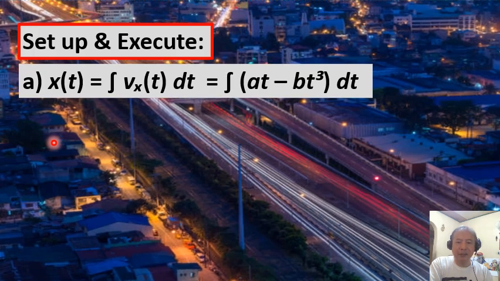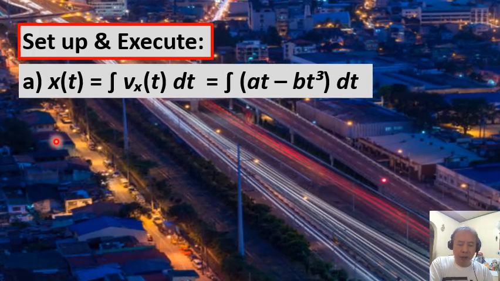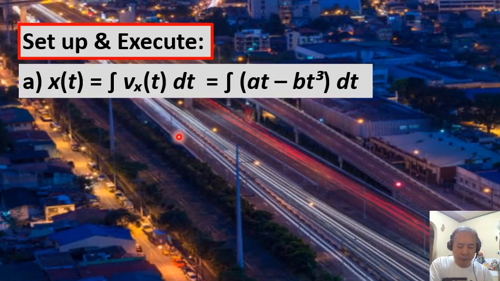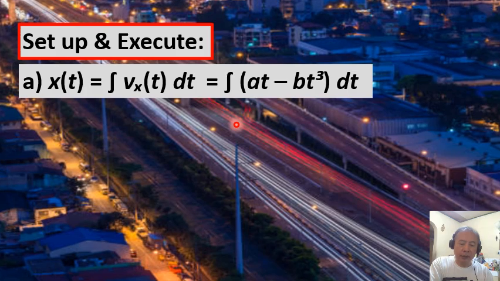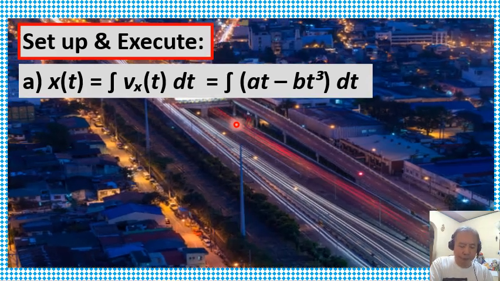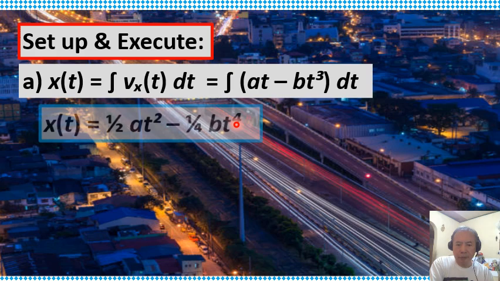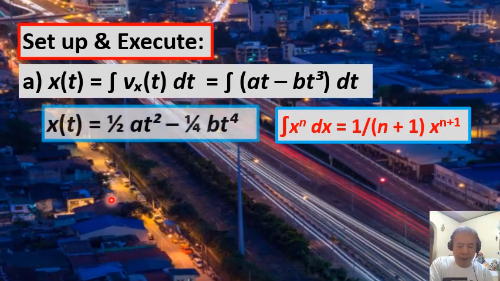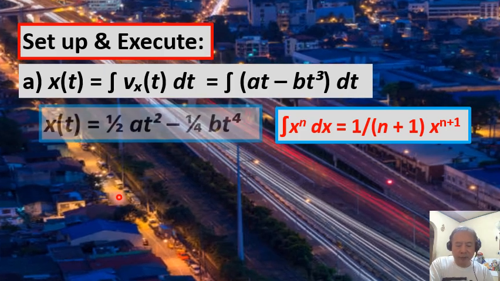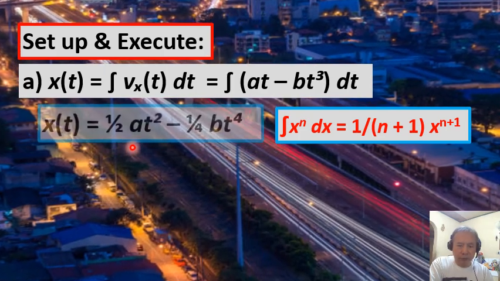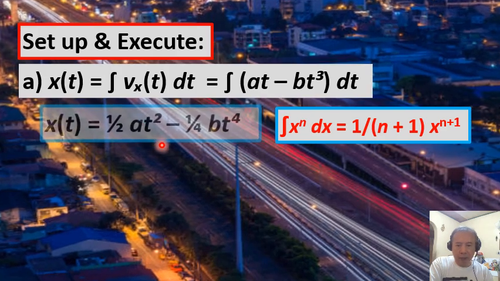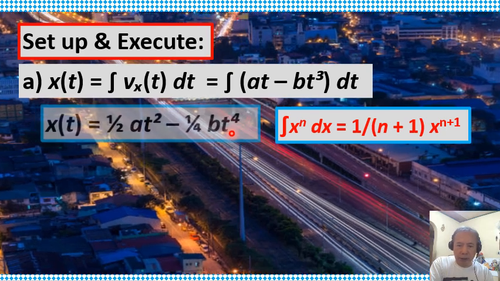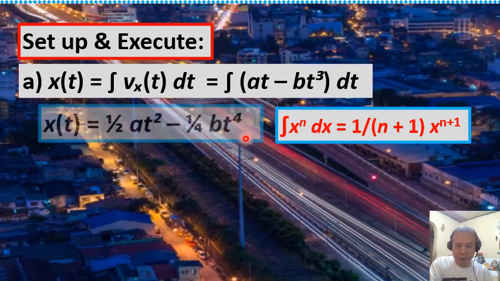We find the instant the object returns to x equals 0 by integrating the velocity function. This is to get the position function, right? The resulting position function is x as a function of time is equal to 1/2 times a times t squared minus 1/4 times b times t to the fourth power.